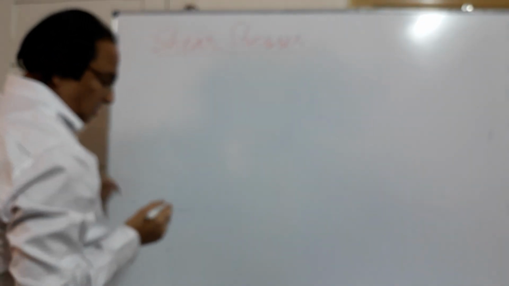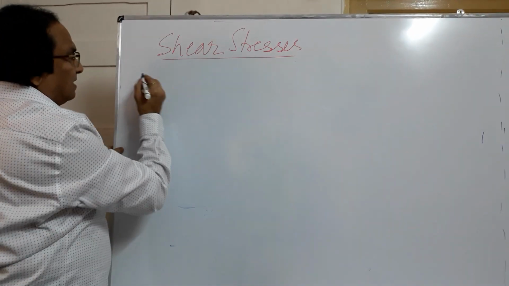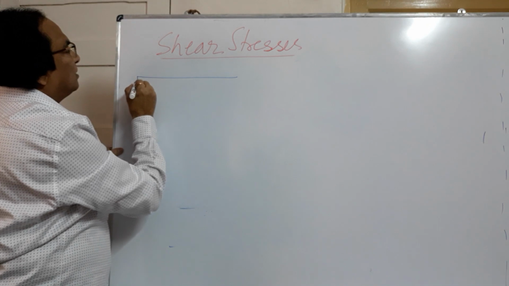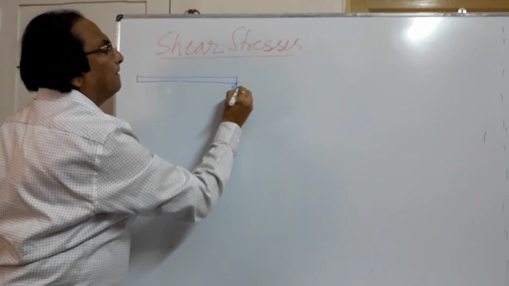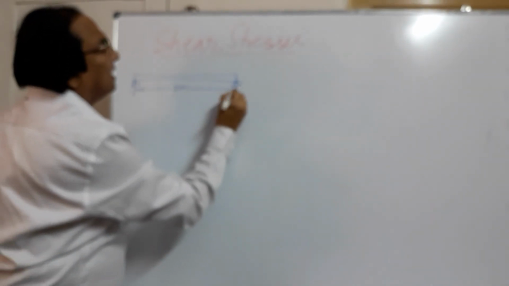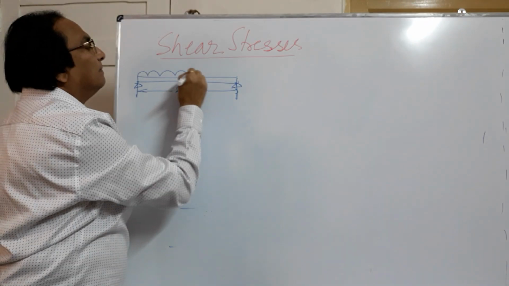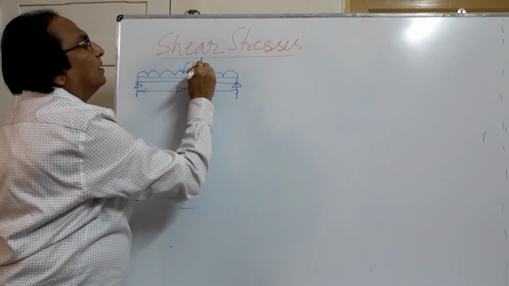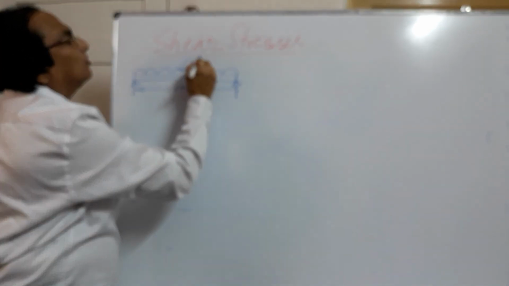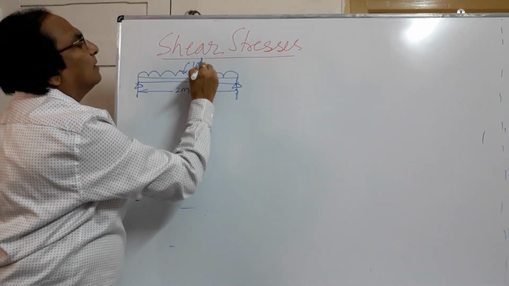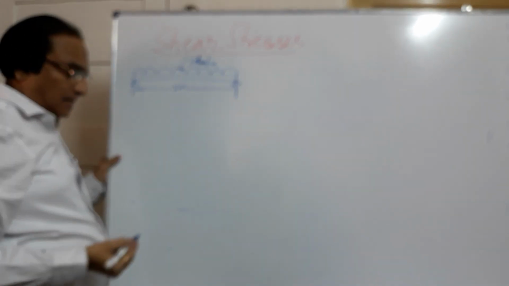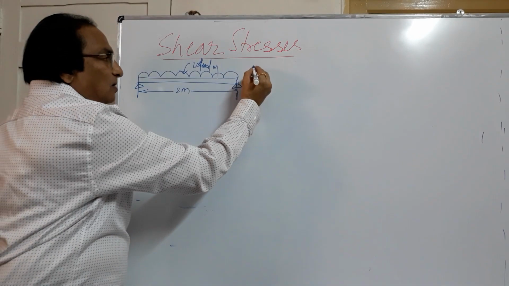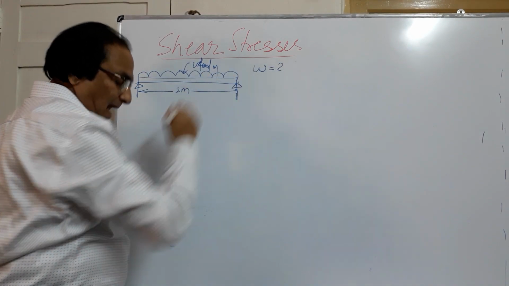What data is given, what is to be found out, you will have to verify and solve the equation. Suppose I take a simply supported beam, if the span of this beam is 2 meters, if it is carrying UDL, W kilonewton per meter. Now here you are required to find out the UDL acting.